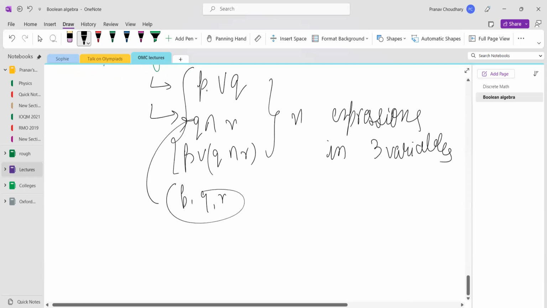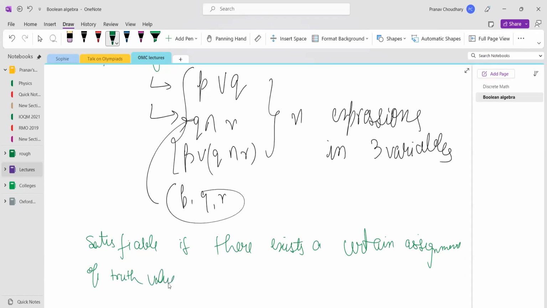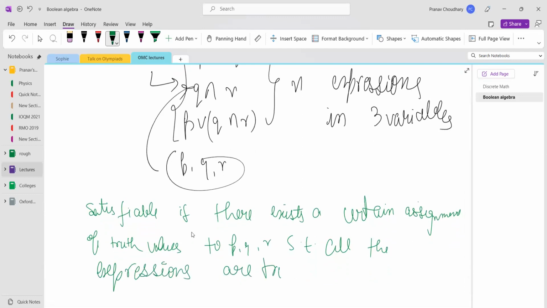So this set of statements is called satisfiable if there exists a certain assignment of truth values to P, Q, R such that all the expressions are true.